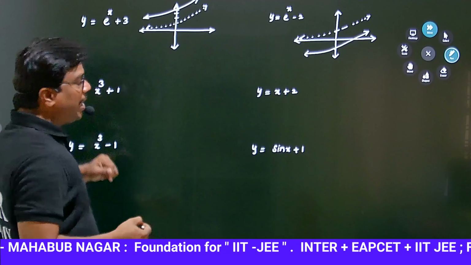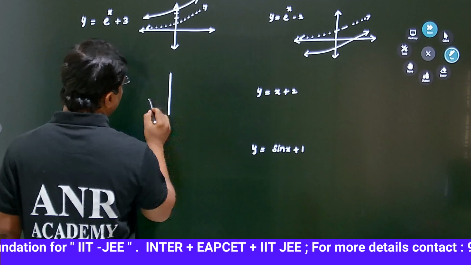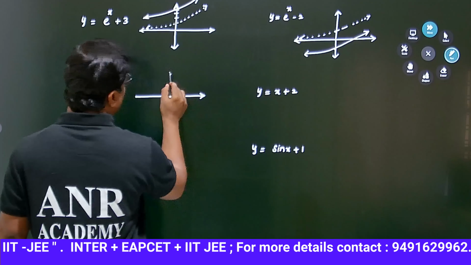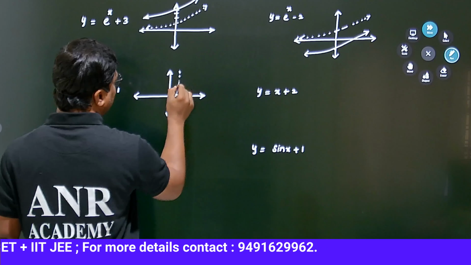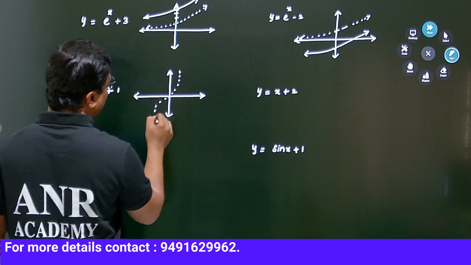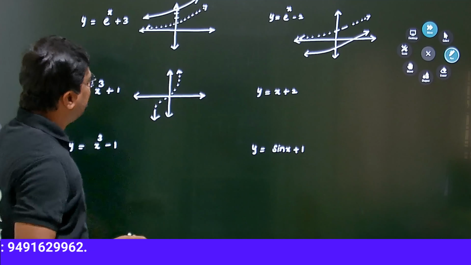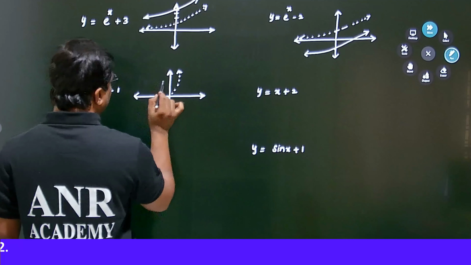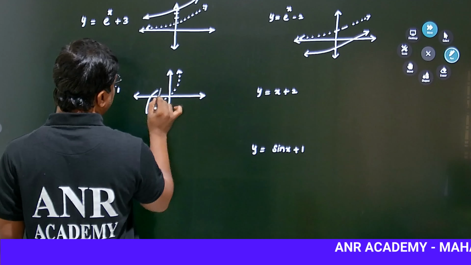Next, x cube plus 1 graph. You know the graph of x cube. This is the graph of x cube. Right? Now, when you have plus 1, entire the graph you must shift 1 unit upwards.